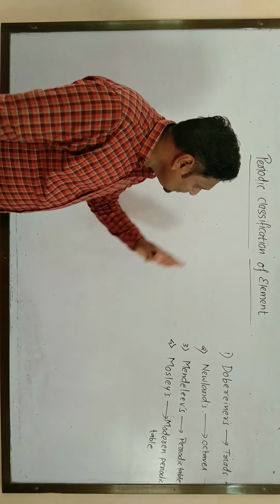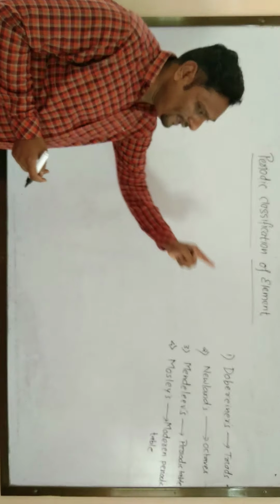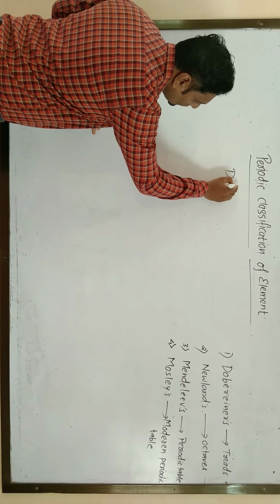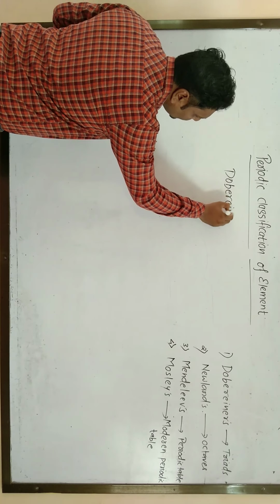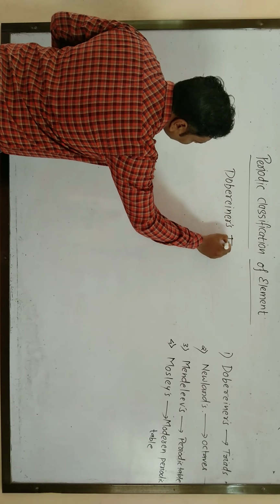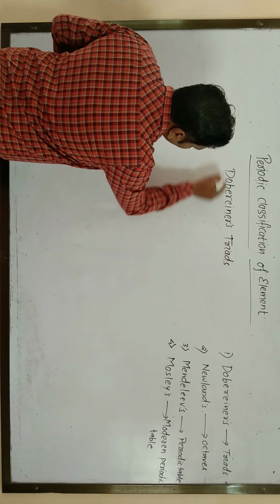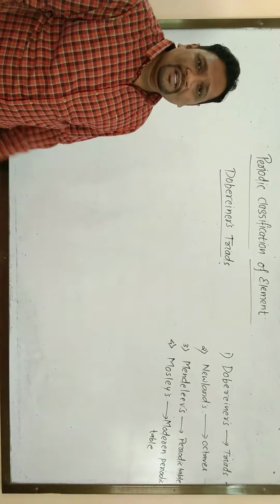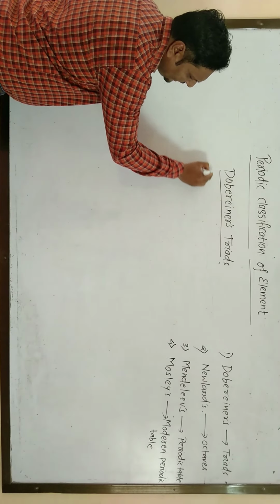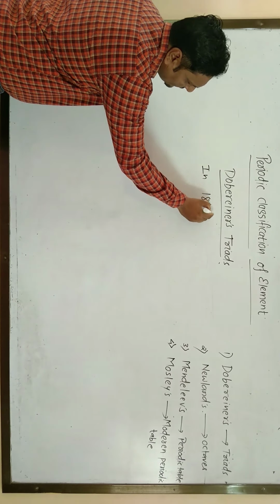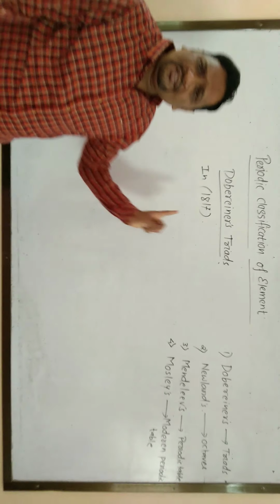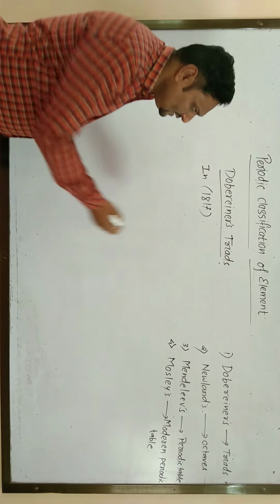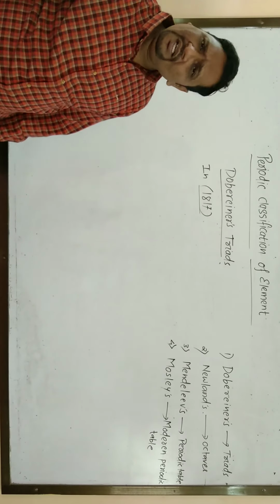So today we shall start with the Döbereiner triad. In 1817, John Wolfgang Döbereiner put forth this system.